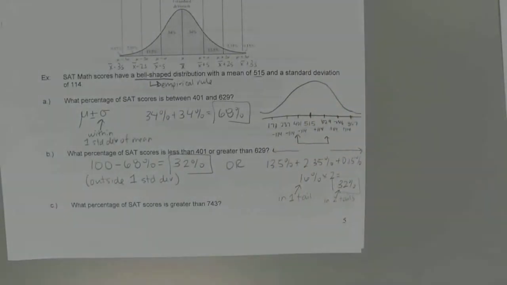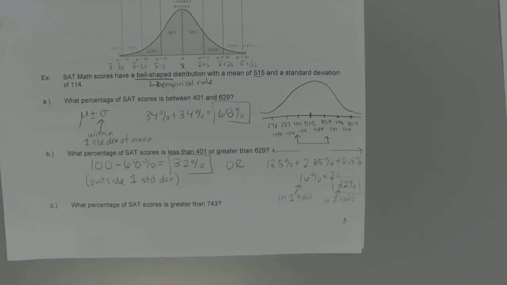Okay? So either way you do it, just make sure one way or the other makes sense, okay? This is called something that we don't learn until chapter 5. It's called the complement, which means opposite, okay? What's the opposite of being within the 1 standard deviation? Being outside 1 standard deviation. So if we have 100% of our data and 68% is inside, there's 32% on the outside.